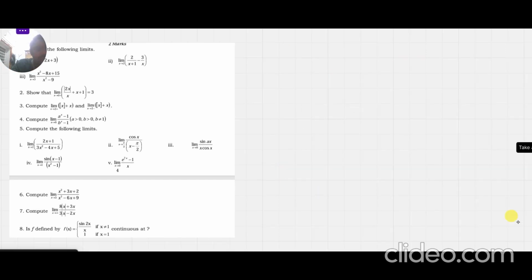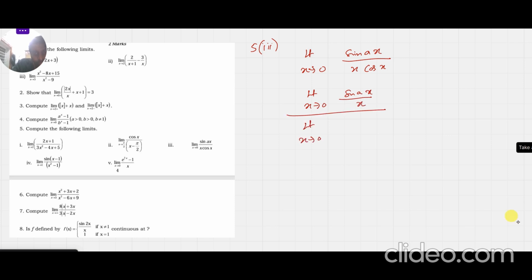Fifth question, third one. See how to do the fifth question, third one. So what is that? Limit x tending to 0 of sin ax by (x cos x). So limit x tending to 0 of sin ax by x, separately, by limit x tending to 0 of cos x in the denominator.